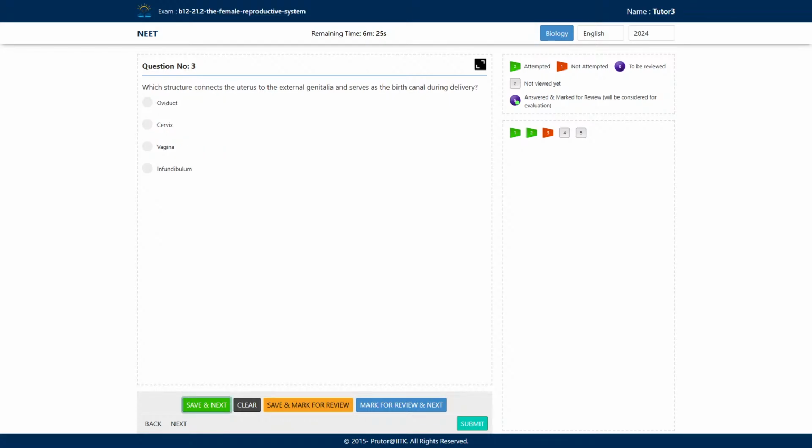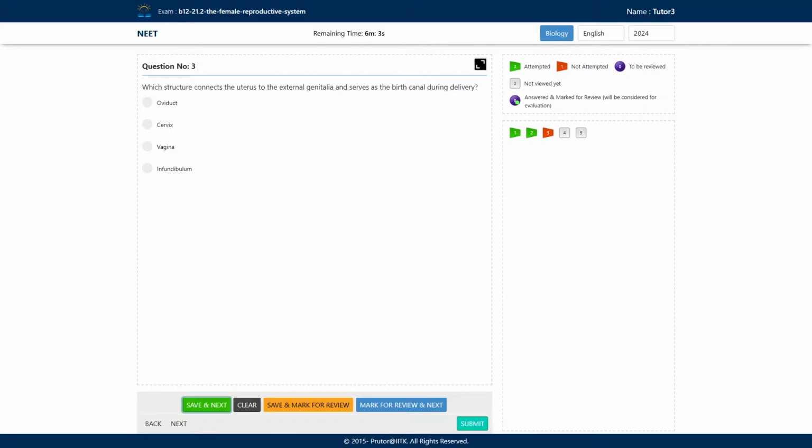Now, which structure connects the uterus to the external genitalia and serves as the birth canal during the delivery? What will be the correct answer here? So they are asking, there is a structure which is connecting the uterus to the external genitalia. Okay, the common term given to external genitalia is vulva.